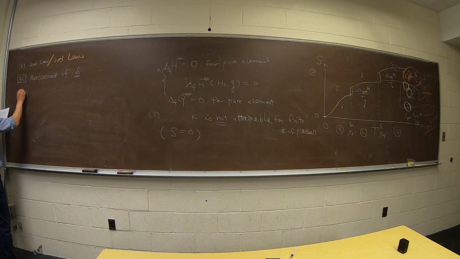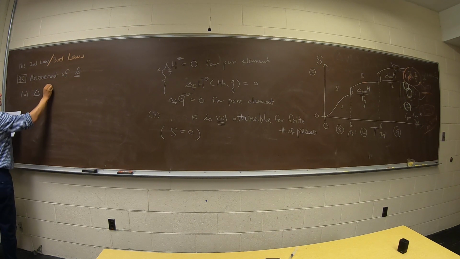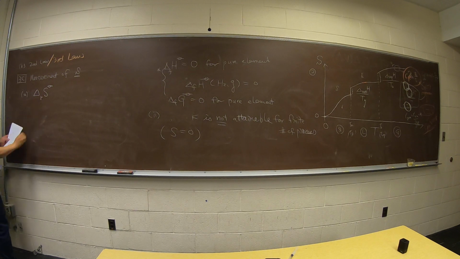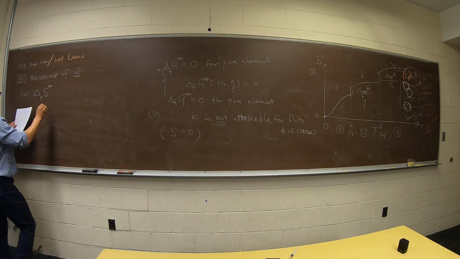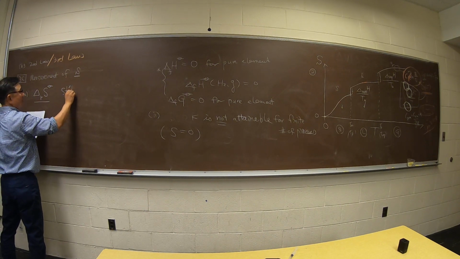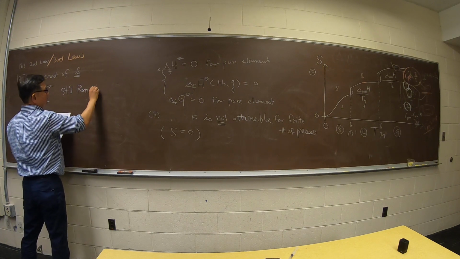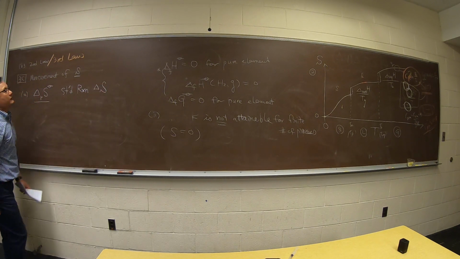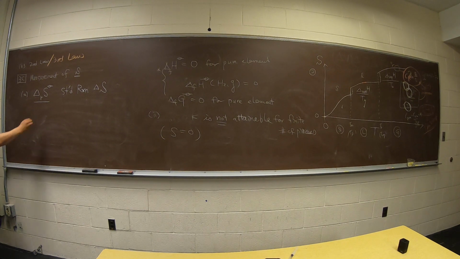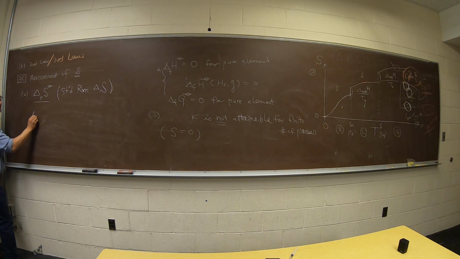So in number 2, delta S, standard state for the reaction. So this is the standard reaction entropy change. This is what I need to know, and this equation looks very similar to what we've been dealing with.